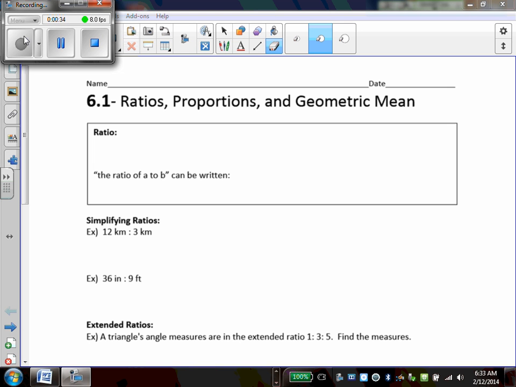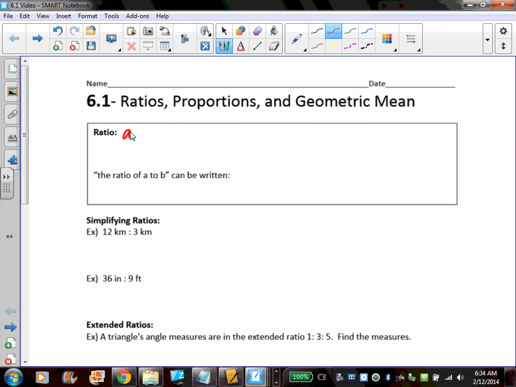But before we can talk about similarity, we need to talk about the idea of proportionality and proportions and ratios. So here we are at section 6.1, ready to talk about that. What a ratio is: it's simply a comparison between numbers.